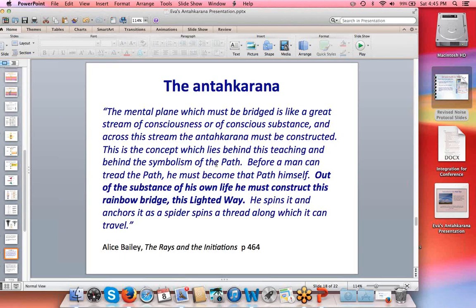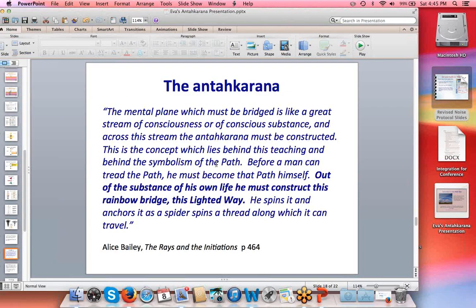He spins it and anchors it as a spider spins a thread along which it can travel. I love this quote because what it tells you is that you build the Antahkarana out of your own substance, out of your own consciousness. If we had the eyes to see, and if we could see our Antahkarana, or if someone else could see it for us, they would see that the Antahkarana is in complete co-measurement to where you are at on the path.